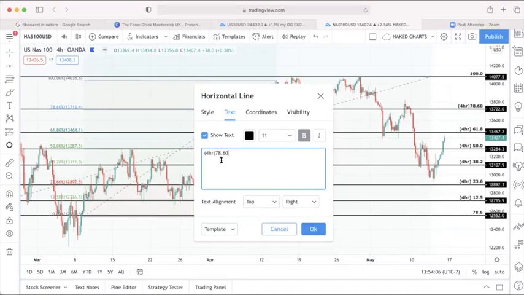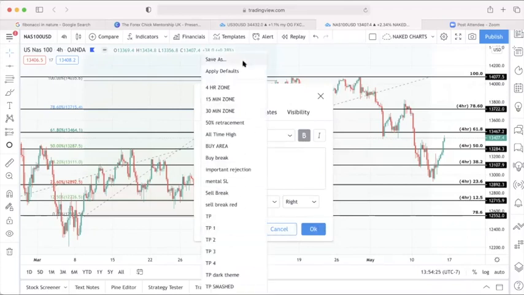And just so you guys know, if you do want to save these as a template, I'll show you. If you write this in and you want to save it for the future so you don't have to type it out every single time like I just did, just do it one time, and then when you're typing it, before you press OK, press template and then press save as.